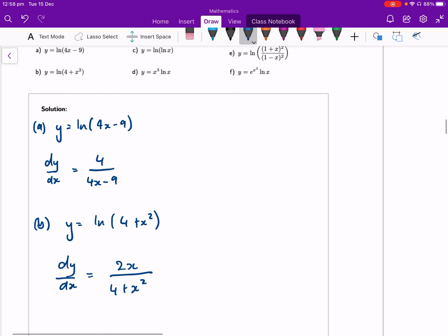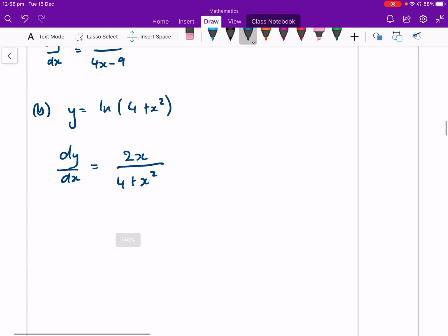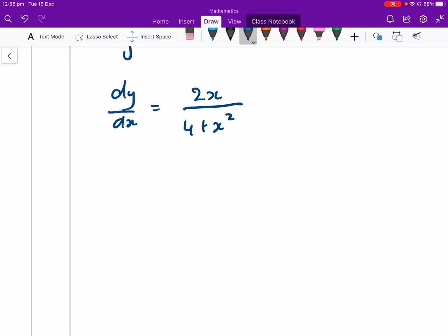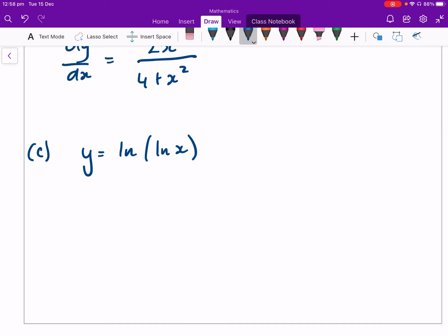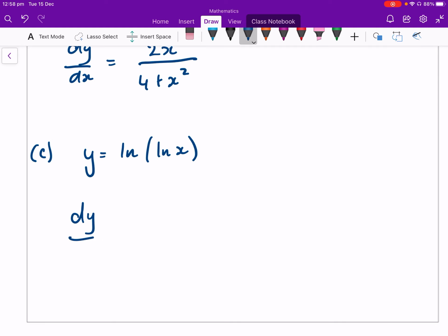Now let's have a look at question C, which is ln, and then we're going to have ln x. So here, if I were to derive this function up here, I'd actually get 1 on x, and then I'm going to have the original function ln x.